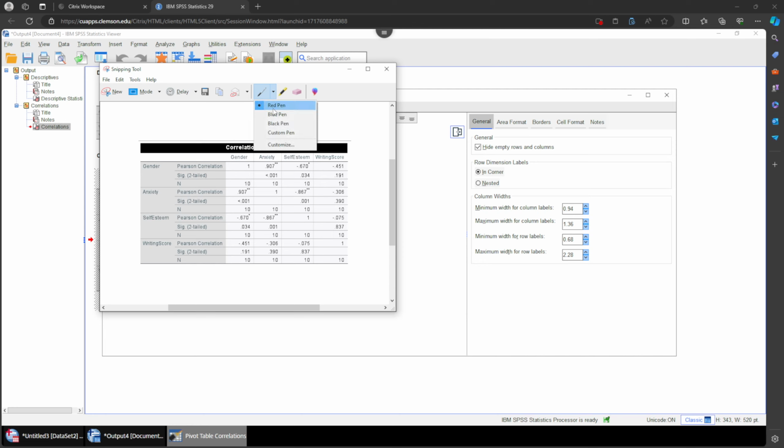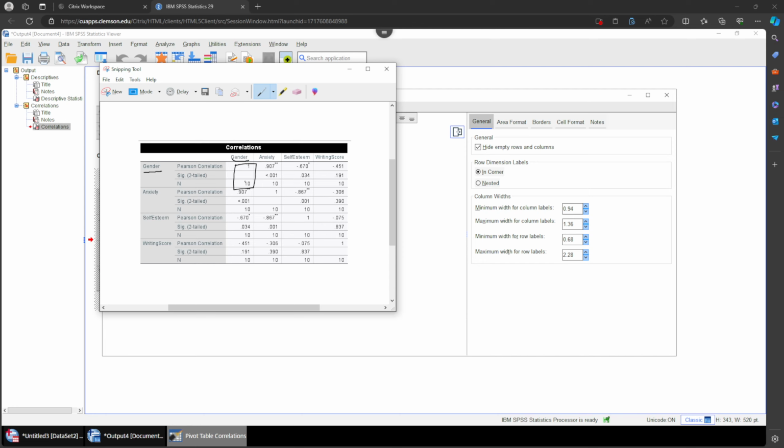So remember how we laid this out is that we have all of our variables across the top and all of our variables along the side. We look for where they intersect each other to say where the correlations exist. If we, however, look to see what happens when a variable intersects itself, say gender with gender, we see this location here, which actually shows a perfect positive correlation of 1.